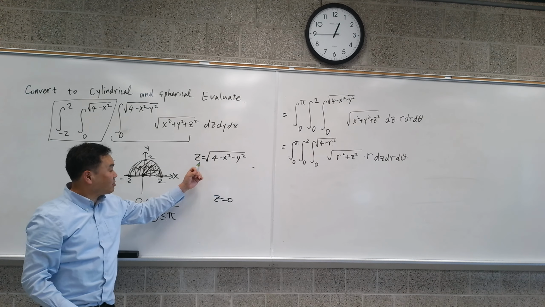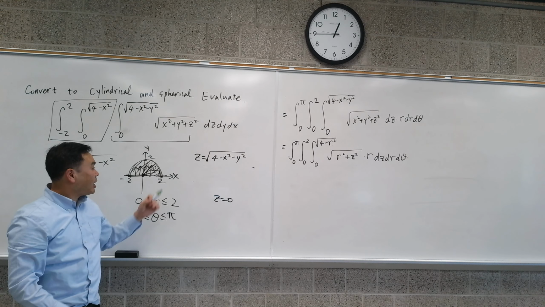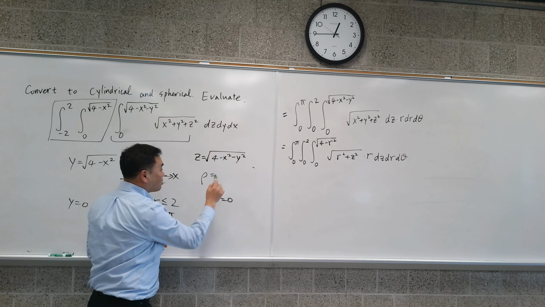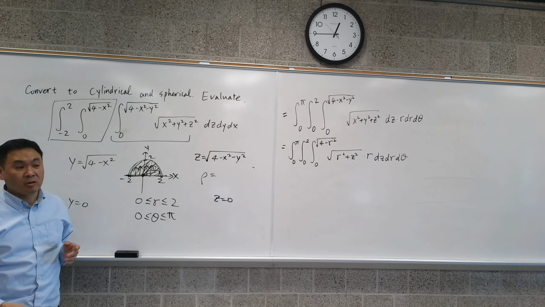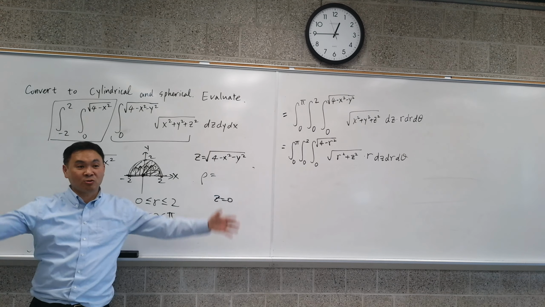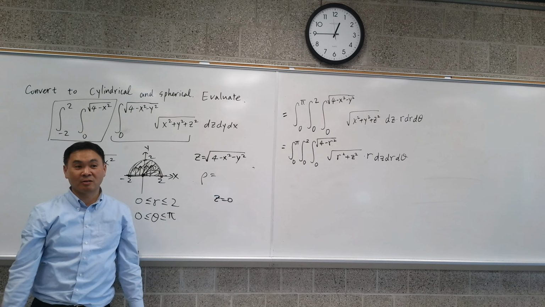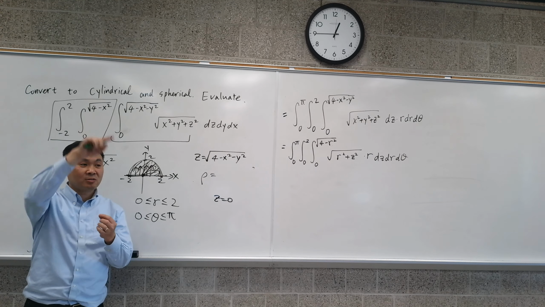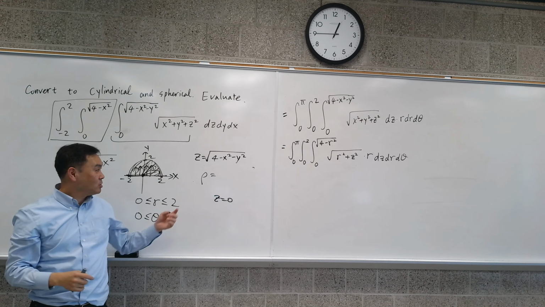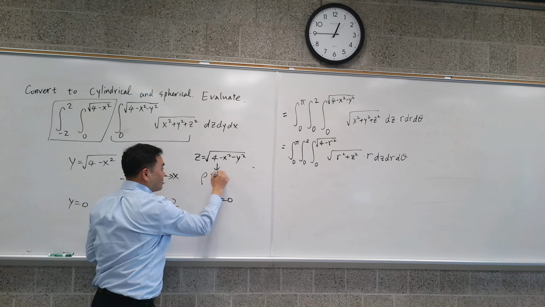And the boundary is given by this. But how do you represent this sphere using rho? Rho equals to? How would you get a sphere of radius 2 from the origin? That's a collection of every point that's distance 2, right? So this is what you get.